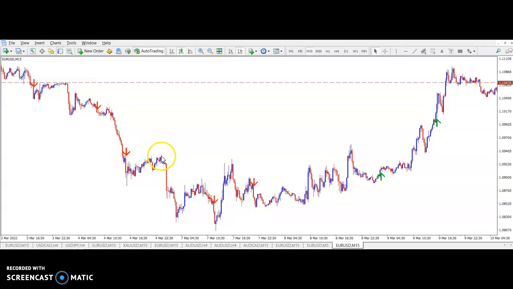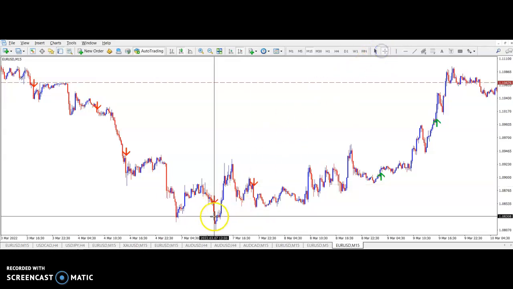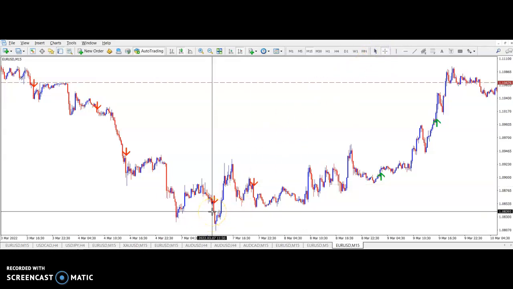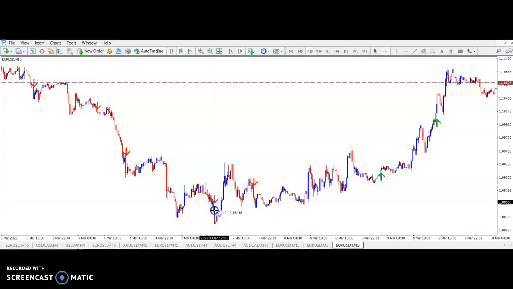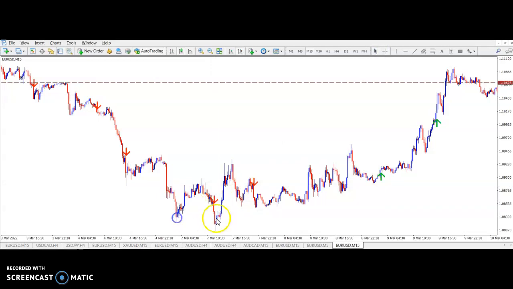You might have got stopped out there depending on where your take profit was, and then here again your take profit would have been this previous structure, so that one would have been okay. In fact, no, you probably wouldn't have taken that one because your entry would have been here. Oh no, your entry would have been there. Okay, so yeah, you would have got 28 pips there on M15. Again, here, there's your take profit, previous structure.